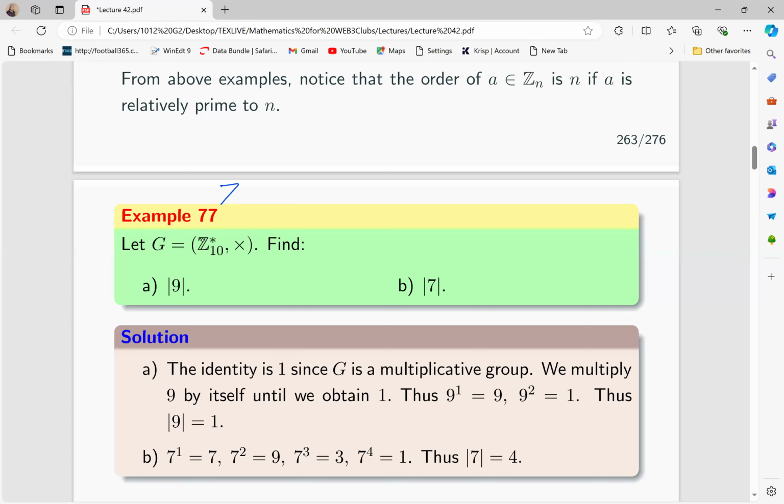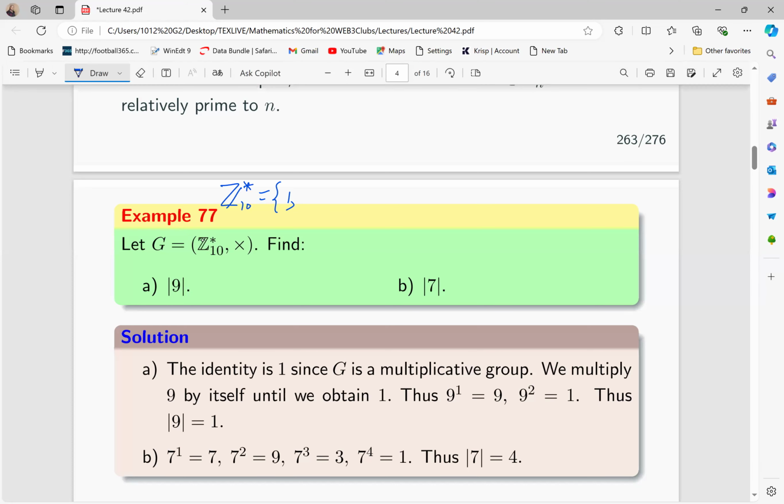We know that the elements here are those for which the only common factor between them and 10 is 1. So 1 is one of them, 2 is not, 3 is another one, 4 is not, 5 is not, 6 is not, 7 is another one, 8 is not, 9 is another one. So these are the elements.